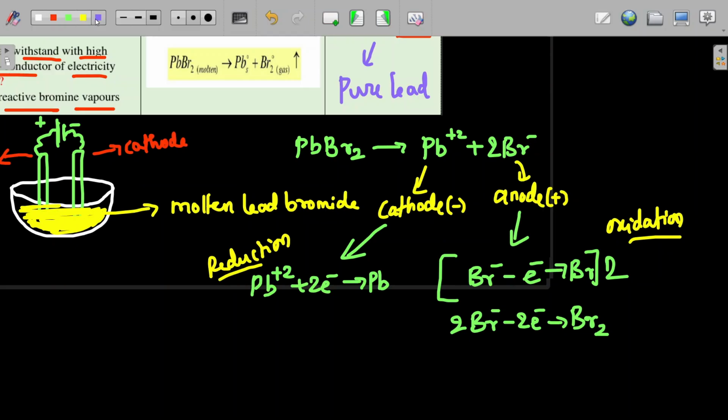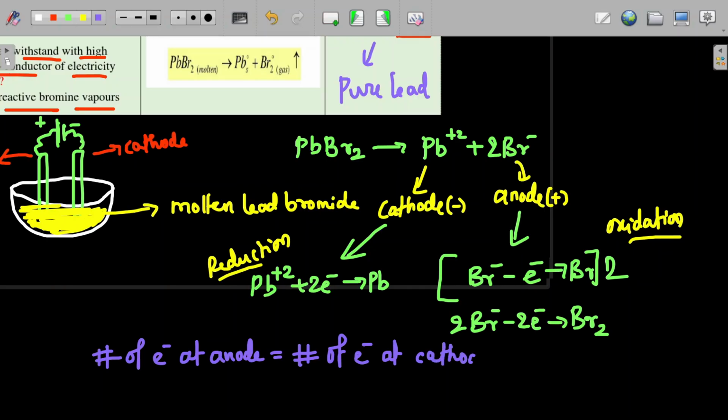One more rule we should know here: the number of electrons at the anode should be equal to the number of electrons at the cathode. How many electrons are involved at the anode? 2 electrons. The same number of electrons should be involved at the cathode also, that is 2 electrons. Why? Because the electrons lost at the anode are the same electrons that come to the cathode and are gained by the positive ions.